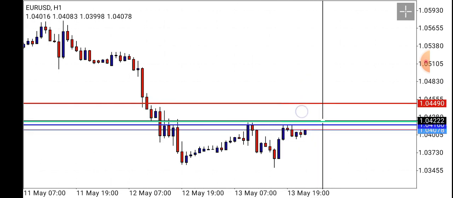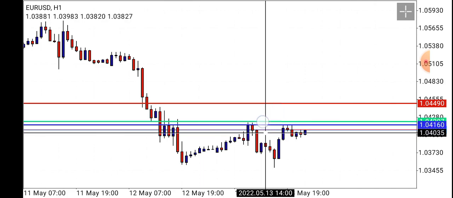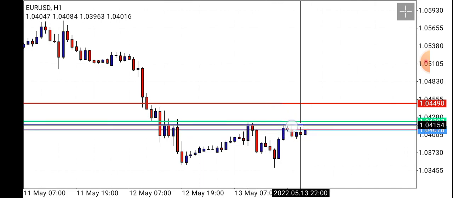So what I just shared with you guys is how to use pivot points with resistance and support. I told you guys that pivot is similar to resistance and support levels.